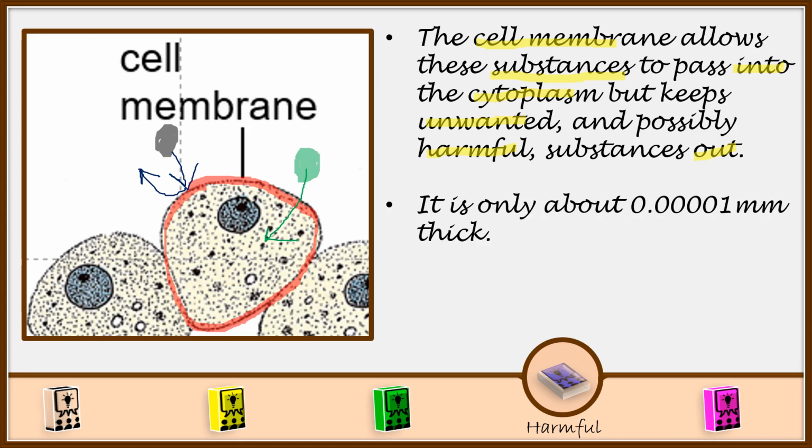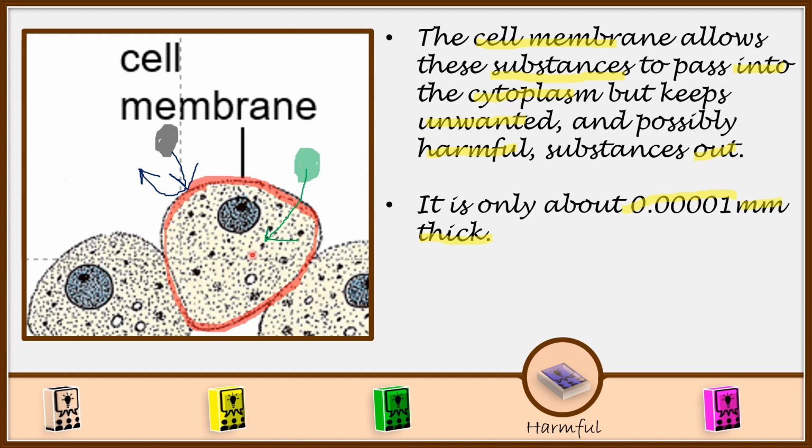It is only about 0.00001 millimeter in thickness. So the cell membrane is very thin. It is very thin so that it can easily allow materials to diffuse.